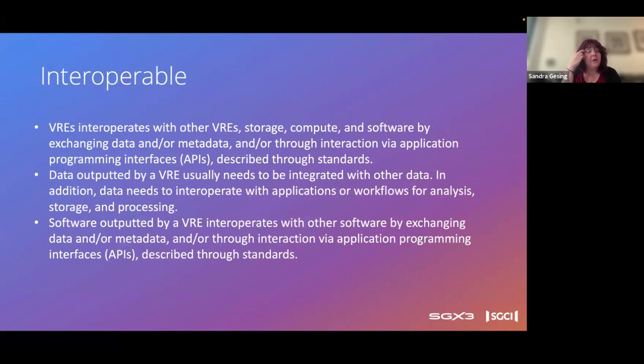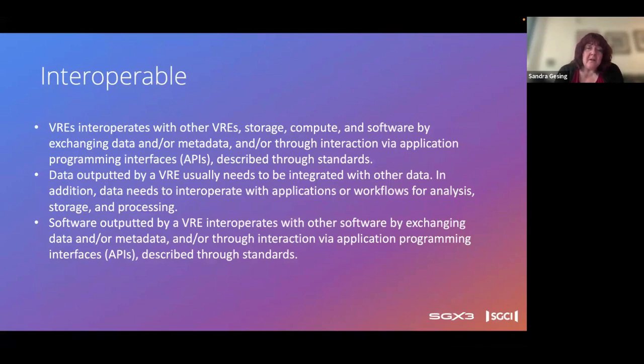Interoperable was a little bit more complicated. So it interoperates with other VREs, with storage, with compute, other software, by exchanging data and/or metadata, or through interaction via application programming interfaces, like RESTful APIs. Also data coming out of a VRE usually needs to be integrated with other data.